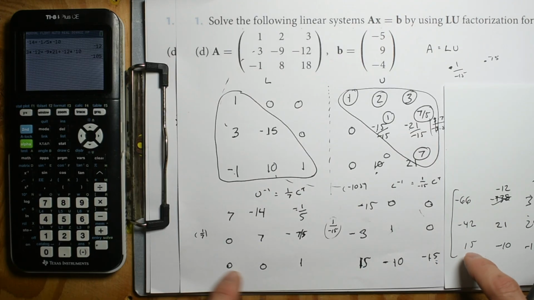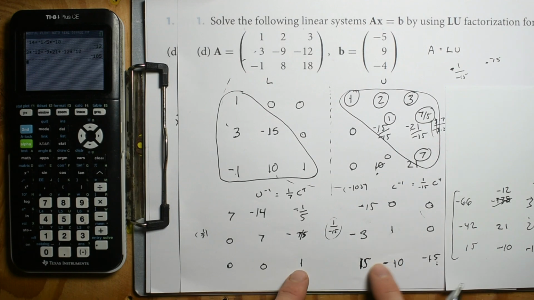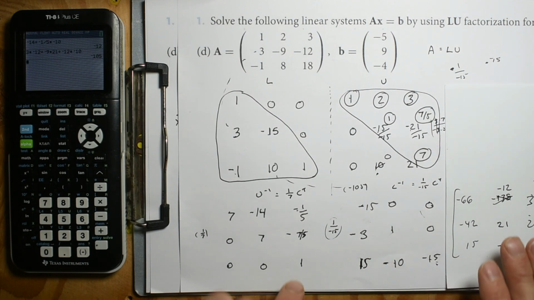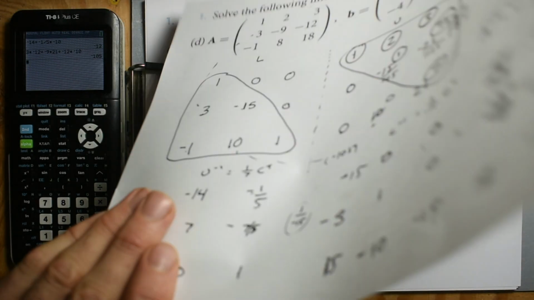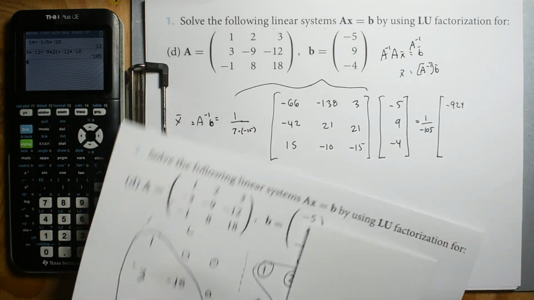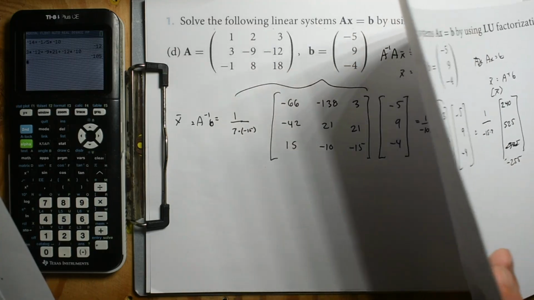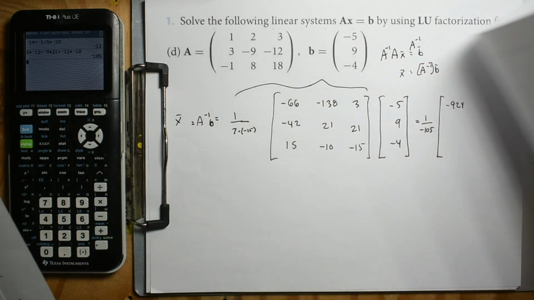Unless this needs to be changed again. Third row, first column. No, that's 15. Yep, my bad on transposing that wrong. I don't even know where I got that.